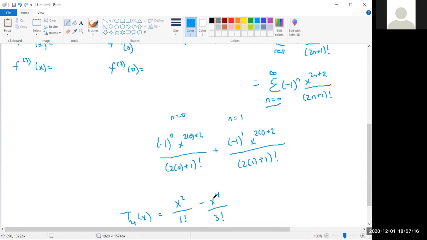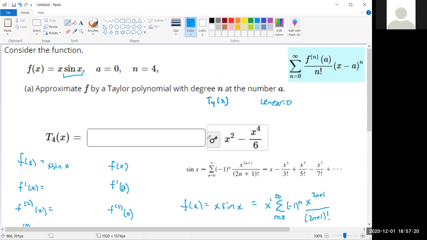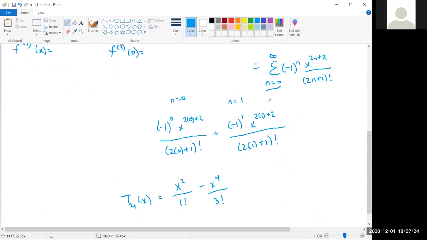Yeah, because remember, we're not saying to stop at a particular index. We're saying to stop at a particular degree. So in this particular series, the index and the degree don't really match, which is why this one's a little bit weird. But the index of n equals 1 was already the 4th degree, so we stopped there.